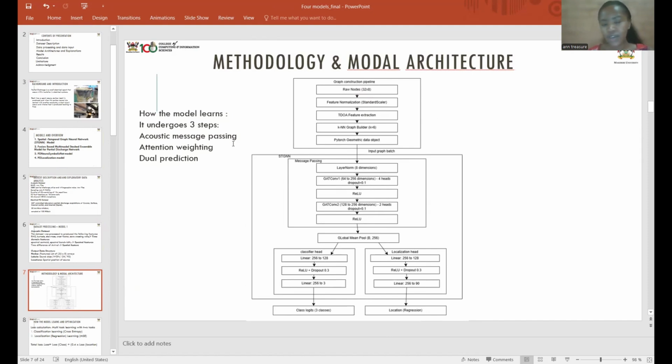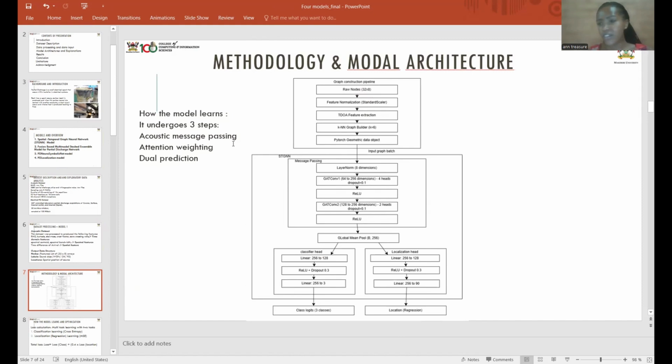So it's just 3 simple steps. That is message passing, where the nodes communicate to each other by passing messages to each other. When they pass messages to each other, the nodes are able to identify, say, a specific node has gotten the signal better, or has gotten the features better, or has higher features. After getting the node that has higher features, this node is given a higher weight.